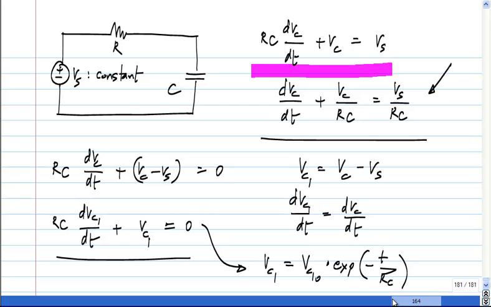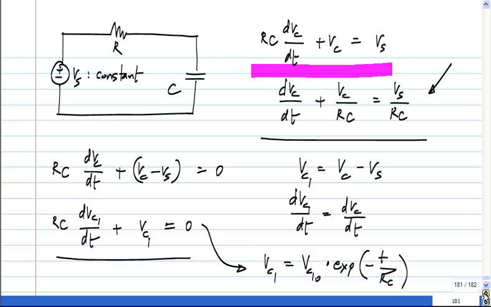Okay. So this is just a change of variable to make the right hand side 0 and get a homogeneous differential equation again. And that tells you that for this Vc1, this is the solution. So what's the solution for Vc? It's Vs plus this Vc10 exponential minus t by Rc. Okay, and then Vc10 has to be again found from initial conditions.